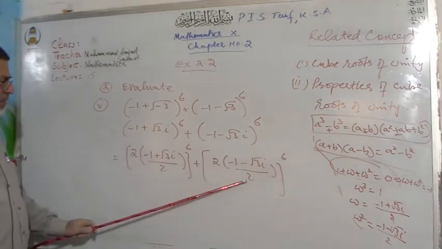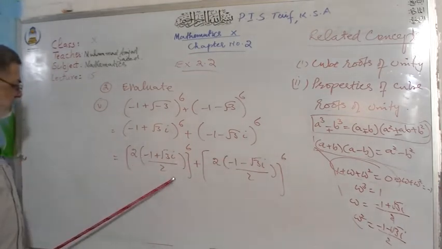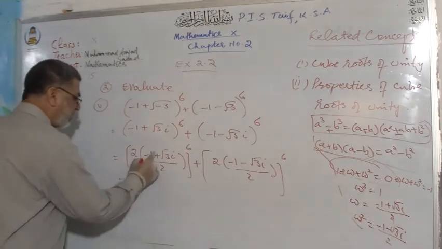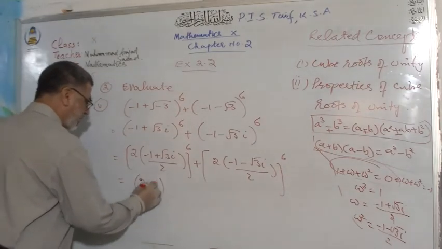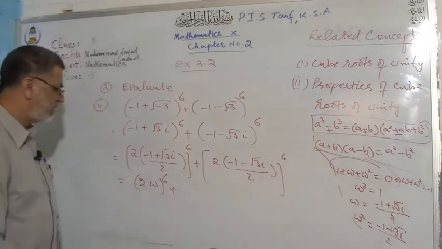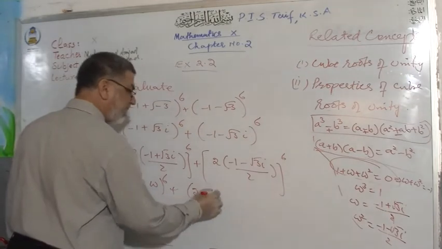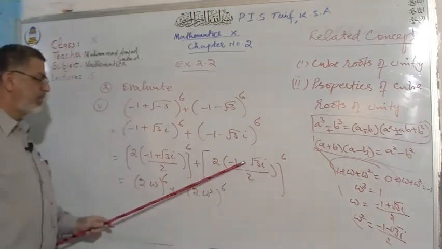Multiplying above and below by 2, but inside this whole power. But you know that, what about this one? This is omega. This is the value of omega. And here, this is omega square.